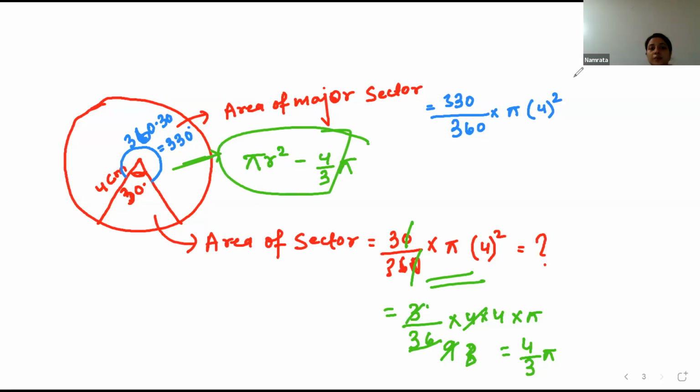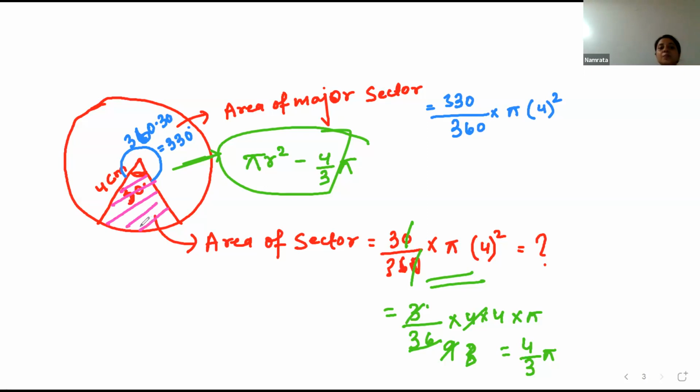Either you can find the remaining angle and use the sector's area formula to find the remaining area, or you can find the total circle area and from that cut out this part's area, this pink area.